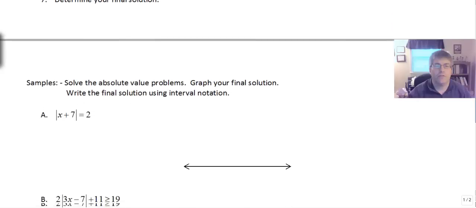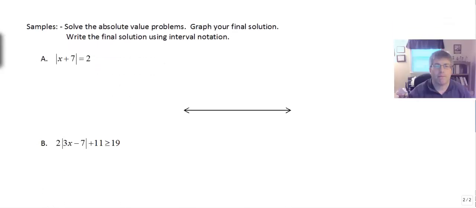So let's go ahead and do some sample problems. Let's start with the absolute value of x plus 7 equals 2. Well, everything is cleared away from the absolute value bars, so this one's going to be a little bit easier for us. So we will drop the absolute value bars and keep everything the same.